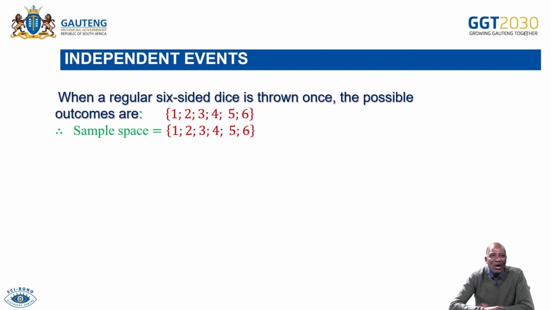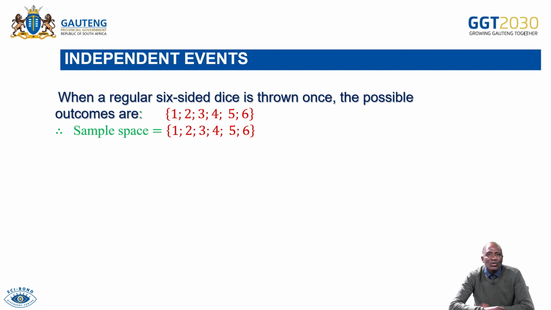So the possible outcomes when we toss a dice are 1 to 6, which means our sample space are those elements 1, 2, 3, 4, 5, and 6. We're just listing them. Those are the elements, or the results, of tossing a dice. So I can get any one of those 6 numbers.